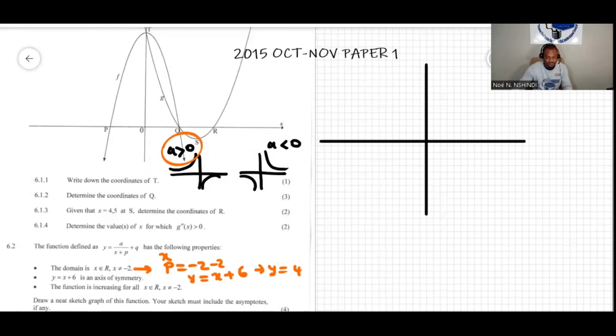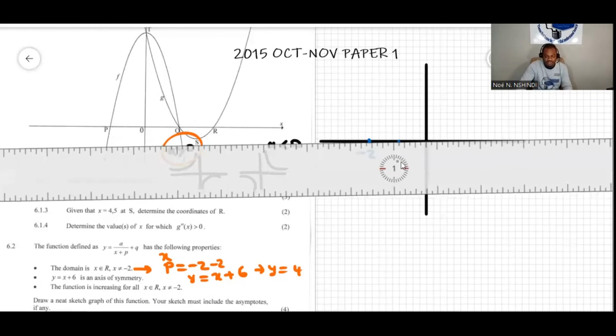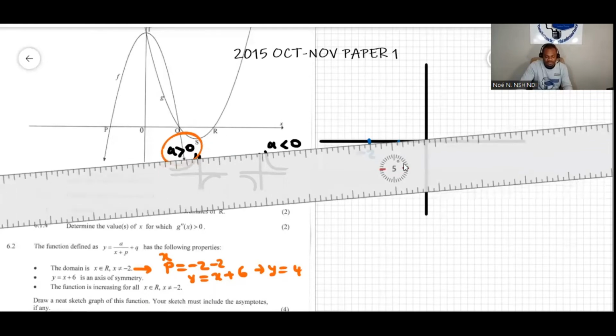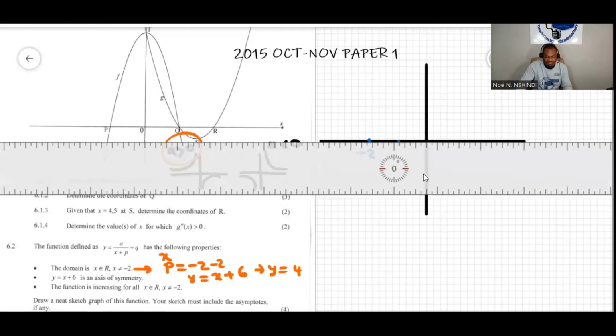So I'm going to write -2 there. Let's say 1 is there, and then -2 is over there. And I already know that I have the asymptotes. Now, I'm going to do my asymptotes later.